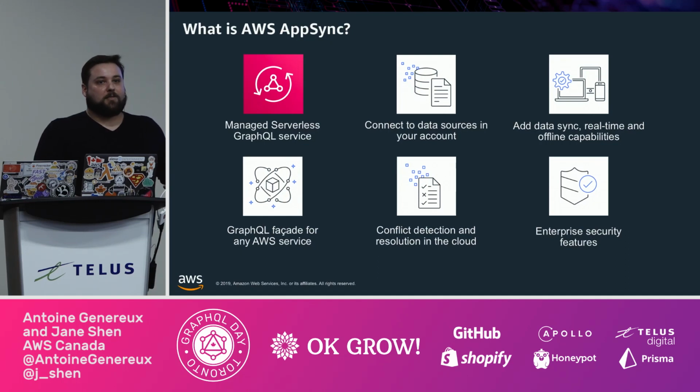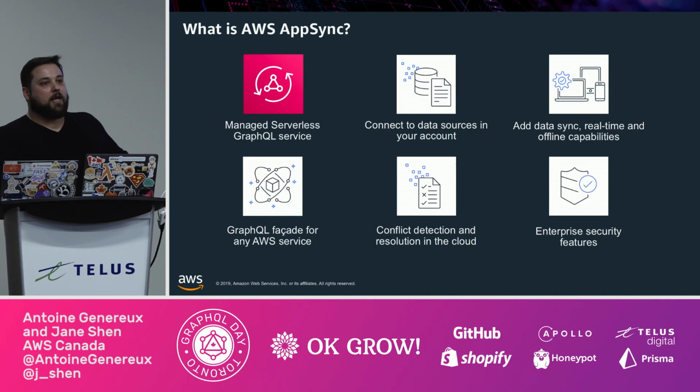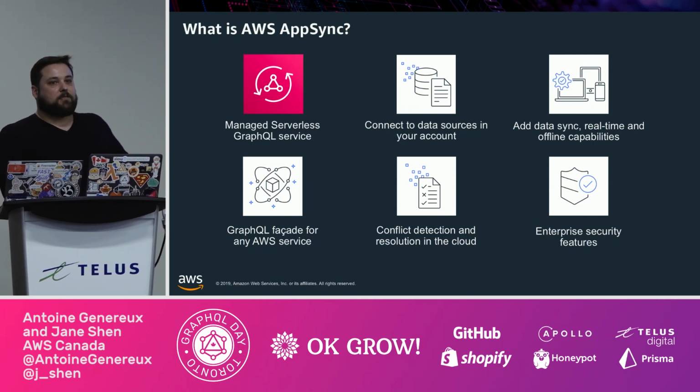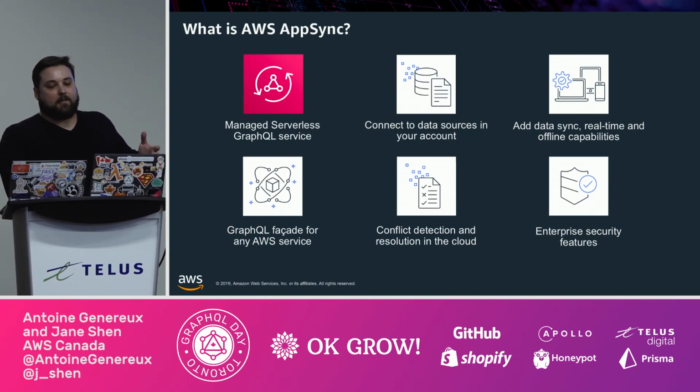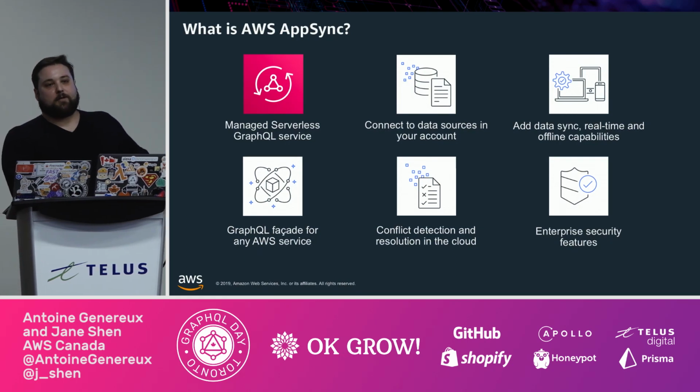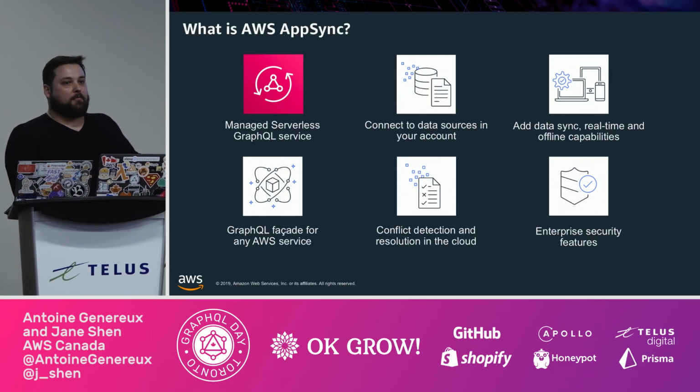It's managed real-time subscriptions, and it handles a lot of the logic associated with operating GraphQL in terms of authentication, authorization, caching, and also conflict resolution logic. So I'll be going over some of these features of AppSync, and in the second part of this presentation, Jane will be showing a demo of how to build an application using Amplify and AppSync.